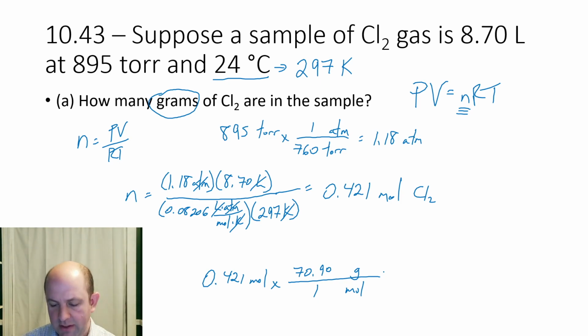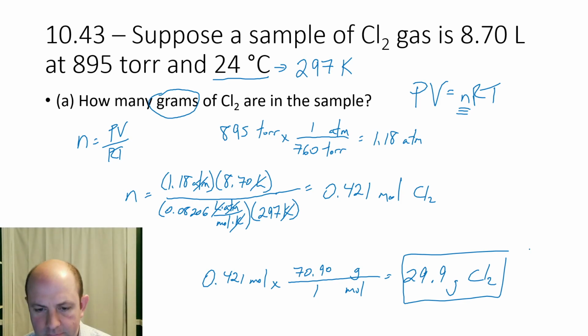I didn't actually round my answer, so it might be slightly off, but we should be good. I got 29.9 grams of chlorine, and that is the right answer. Again, because the sample wasn't changing, we said use the ideal gas law. In this case, because we want grams, solve for moles, and then once we get moles, convert to grams.